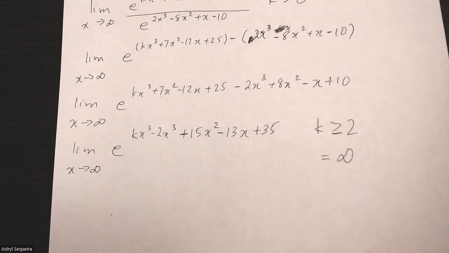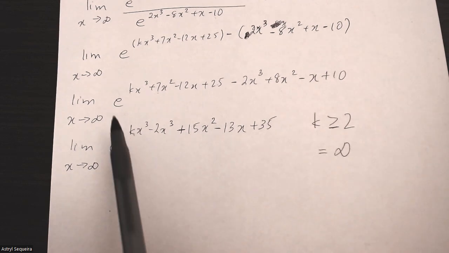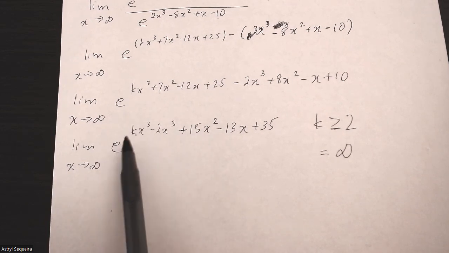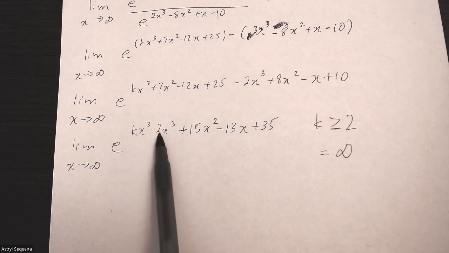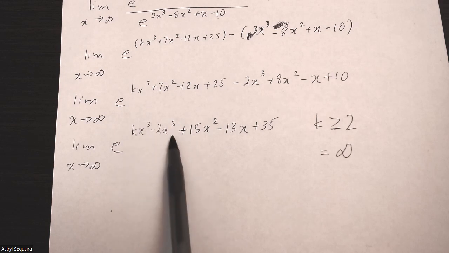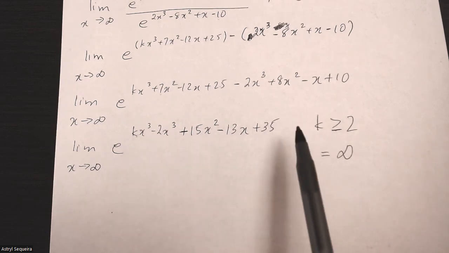The only question is if k is between 0 and 2, will it approach the same value of positive infinity? So for example, if k is 1, what will this approach? Well, if I sub in k as 1 over here, I will have 1 minus 2, which is negative x cubed, and then I'll have this whole equation after that.